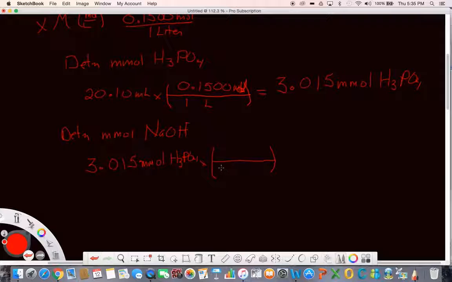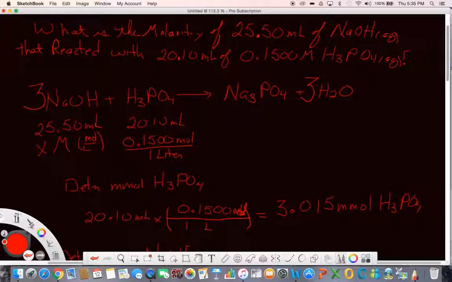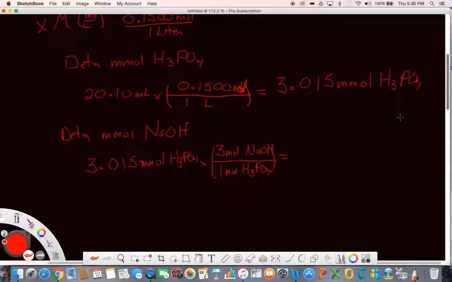For every 1 mole of H3PO4, it reacted with 3 moles of NaOH. And let's go back to the equation, see if that was right. There's our balanced equation. 3, no number in front is understood to be 1.